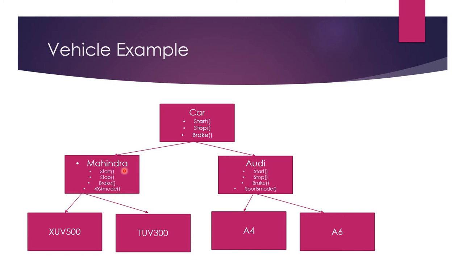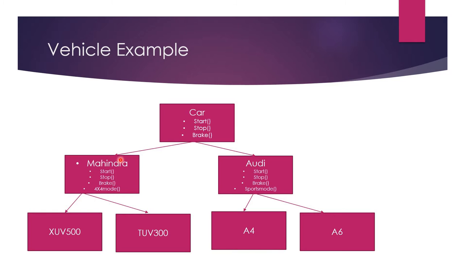Now, these two classes under the inheritance concept of object oriented programming would inherit all the common behaviors that the parent class shows, which are start, stop, and brake. So both of these classes will have this start, stop, and brake behavior with them because they have inherited this behavior from the car class. So they don't have to define these methods within themselves, but they would inherit them from the parent class itself.